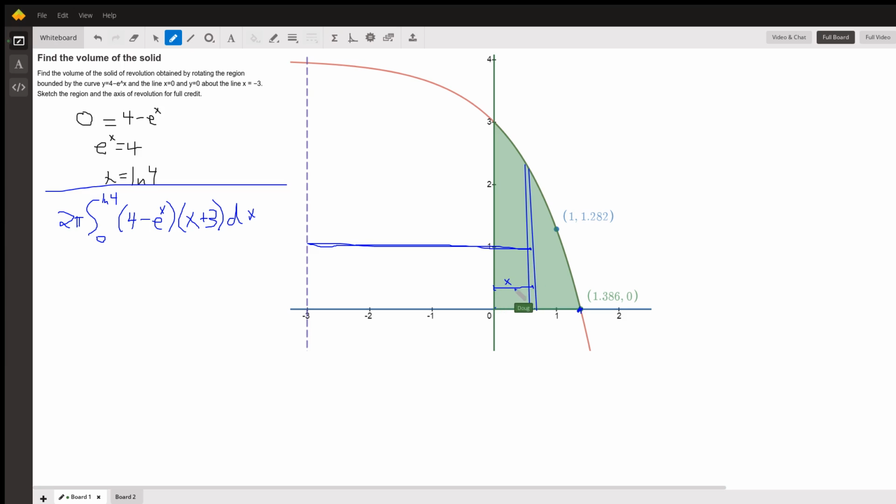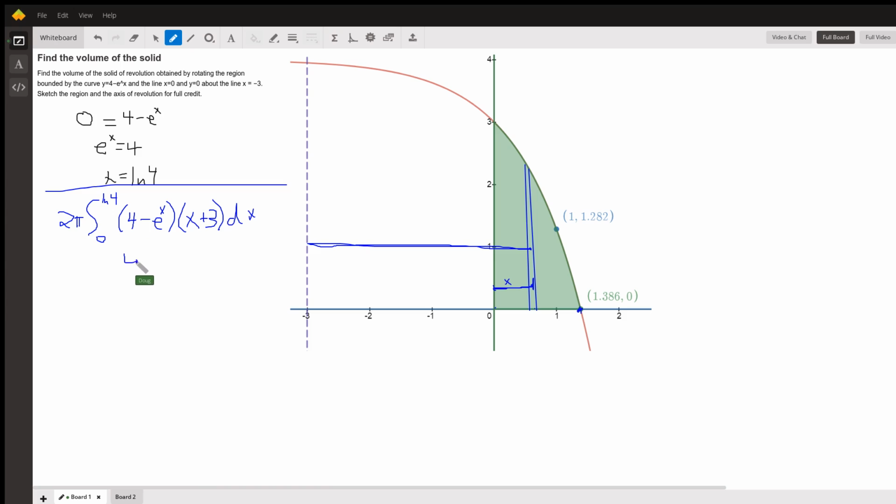Well, this little distance right here is x, and so the total distance from the axis of revolution to a typical center of the shell is right minus left, x minus a -3, or x plus 3. Now, to evaluate this definite integral, you're going to have to multiply these two binomials together and then find an antiderivative term by term.